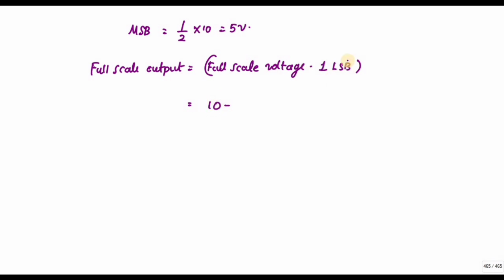This 1 LSB is for the full scale value of 10 volt, right? So for 10 volt, I can write it as 10 divided by 32. So what is the answer I get?